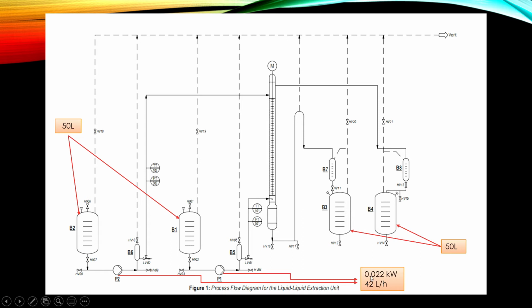Receiving vessels B3 and B4, graduated cylindrical vessels with 50 liter capacity. Pulsation dampers B5 and B6, reducing fluctuation of feed flow rate. Rotating disc stirrer can control the speed of the stirrer up to 1000 rpm.